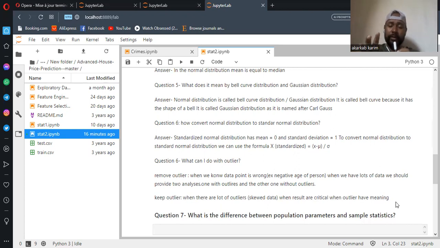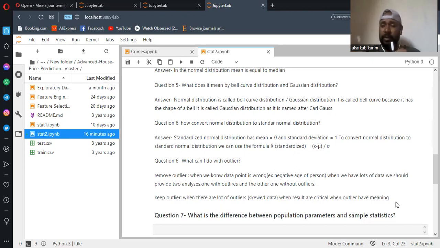If we have a lot of outliers in our variables, there is no way to drop them. Or sometimes we have heavily skewed data, on the left or on the right, and there is no way to remove all of it.